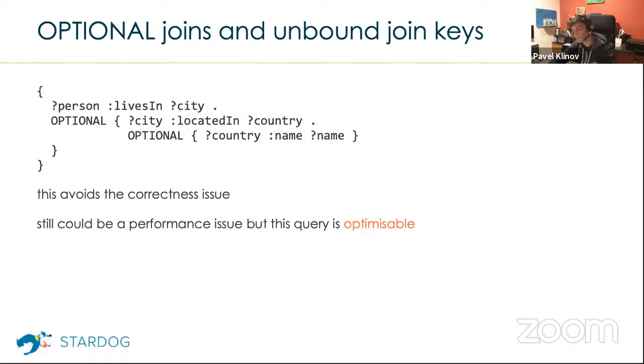There might still be a performance issue depending on how the query engine decided to go about evaluating this query. But the important thing is that this query is optimizable. It produces a reasonable number of results, and the query engine has a chance of generating a reasonable plan for it. While for the previous query, if it explodes, it explodes. There's no way around that.